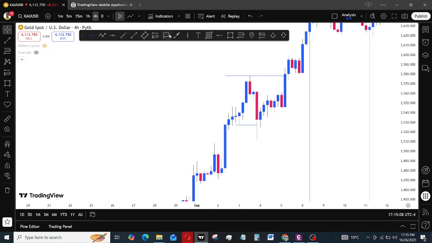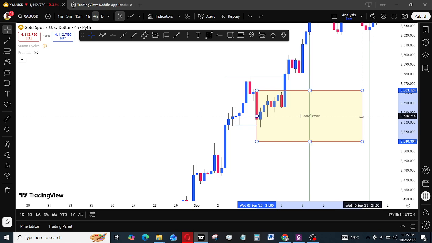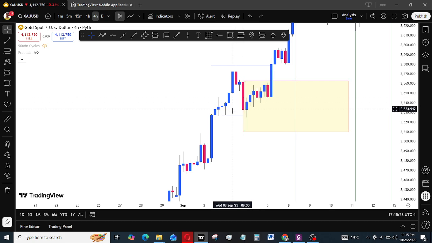So when we mark it, I mark it like this. If price comes back around this area, it's more likely to hold price than an order block which has not swept liquidity, because it's not a strong order block.